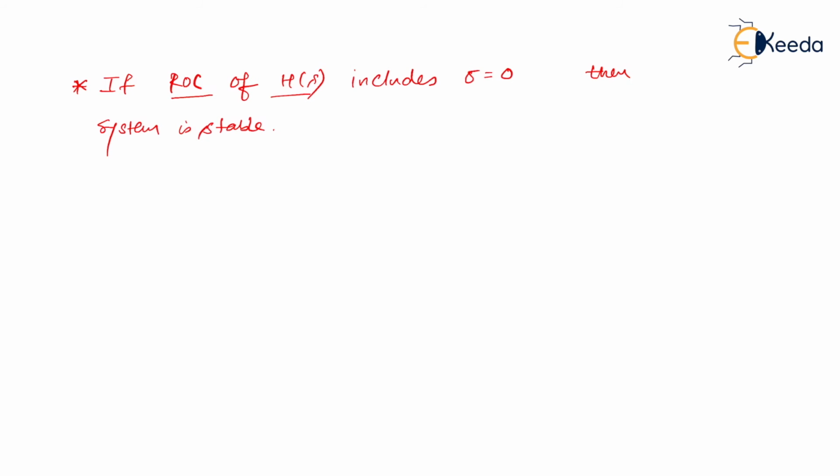So when my ROC includes sigma equal to 0, it means it is actually including the j omega axis. I can give you some examples so you would be convinced.